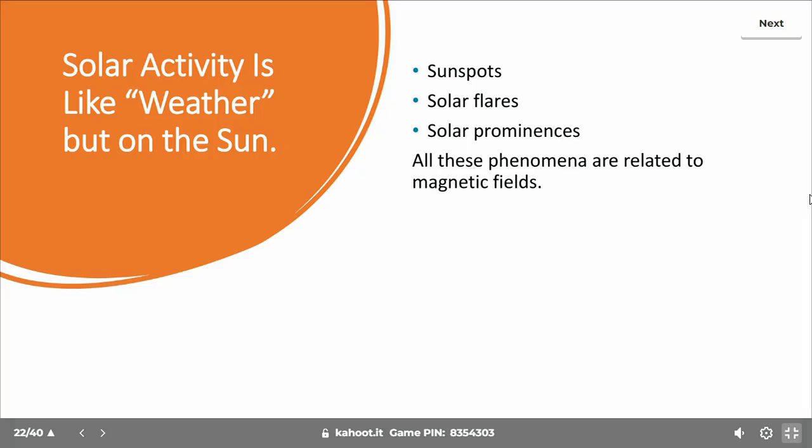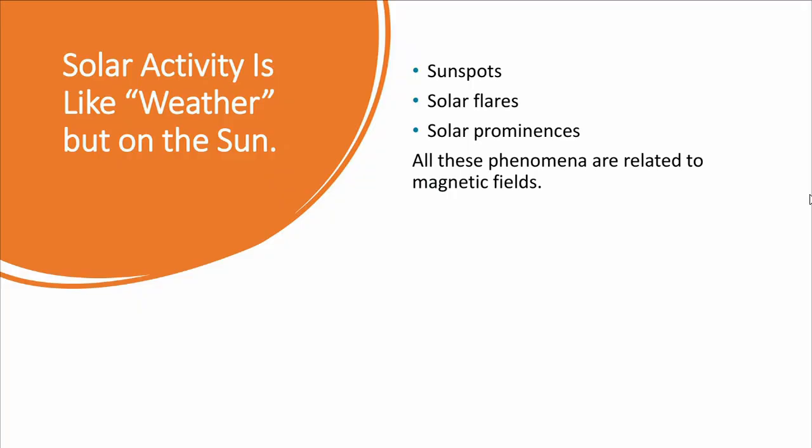There's a few different things that we'll talk about. These are kind of like weather on the surface of the sun. So there's sunspots, solar flares, and solar prominences. And it turns out that these events are related to the magnetic fields on the surface of the sun.